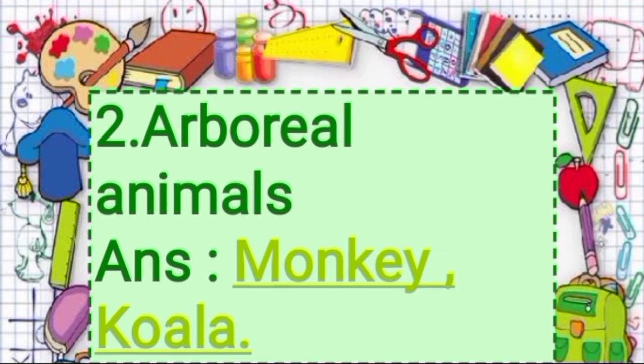So as you know that land animals that live mostly on trees are called arboreal animals, and they have sharp claws to climb up and down the branches, and they usually have strong and muscular limbs. And examples are monkey and koala.